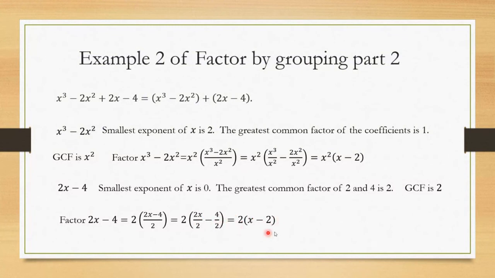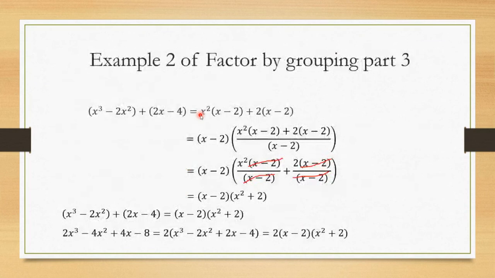So we get this. Now again, from each group, when we factor them, what's left in parentheses is the same, which is x minus 2 here. That's good. After doing this GCF stuff, you want what's in parentheses to be the same.